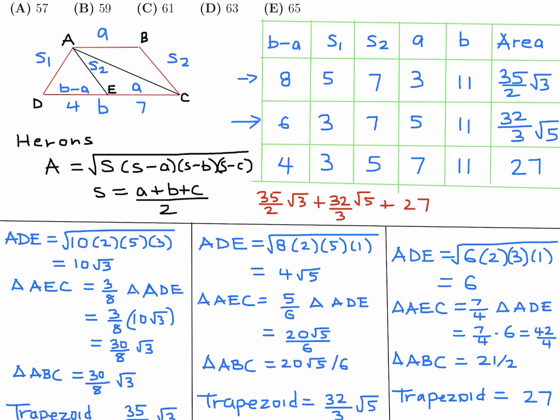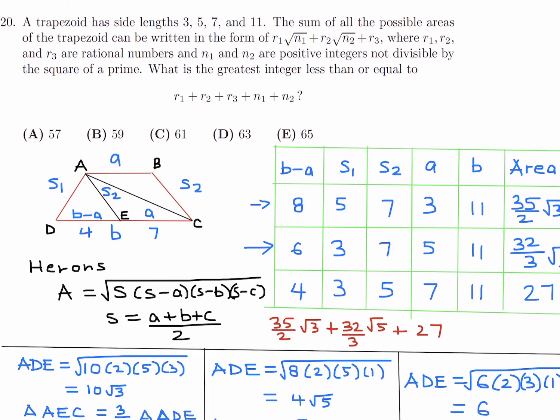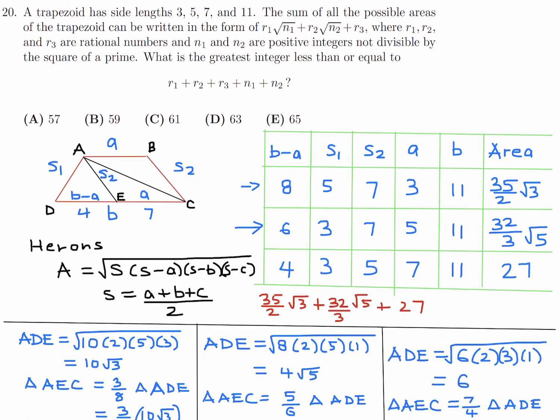Now we have to compare it to what they have in the question. This sum that I just discovered is this right here. It is my R1 times the square root of N1 plus R2 times the square root of N2 plus R3.